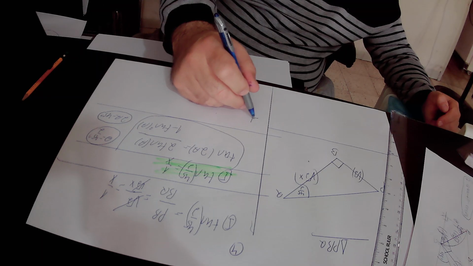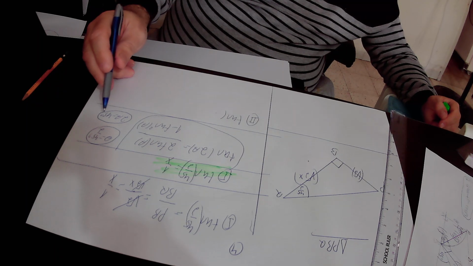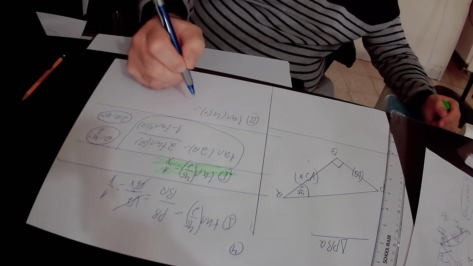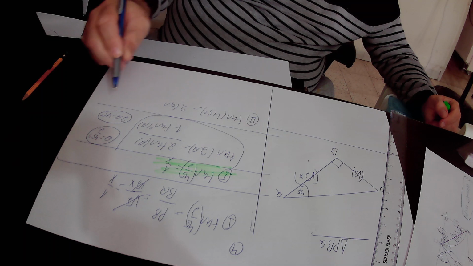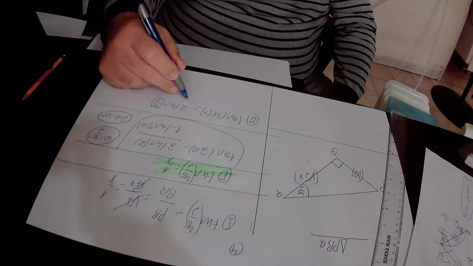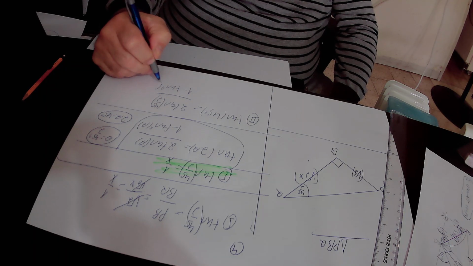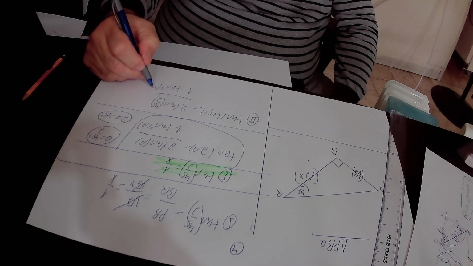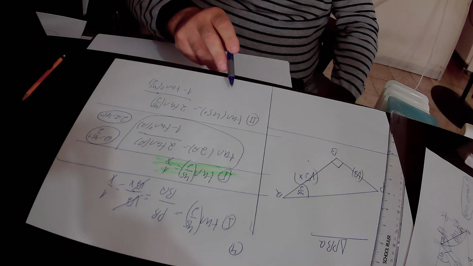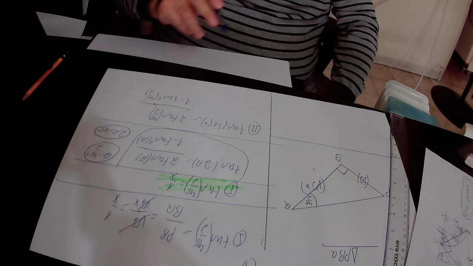And we get, this will be equation number 2, that tangent of 45 degrees equals 2 times tangent of 45 over 2 degrees over 1 minus tangent squared of 45 over 2 degrees.